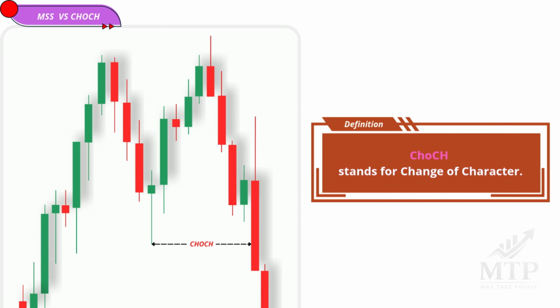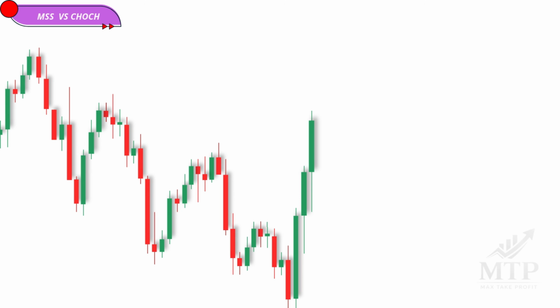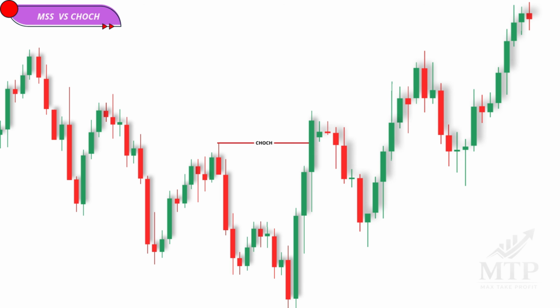CHoCH stands for change of character. This is more powerful than the MSS, more rare, more decisive. Let's go back to our downtrend. Price doesn't just break a small local high, it completely changes its behavior. Before, it was making lower highs and lower lows. Now, it starts making higher highs and higher lows. The character of the market has changed.